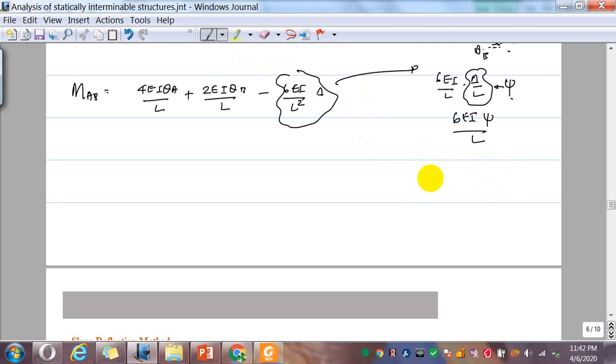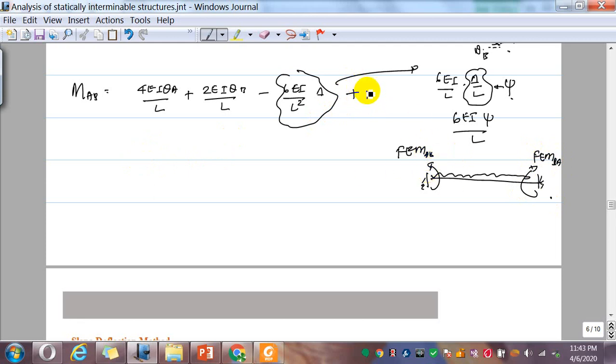So when you have a load on a fixed support, then your FEM AB and here FEM BA. Now that also should be added.